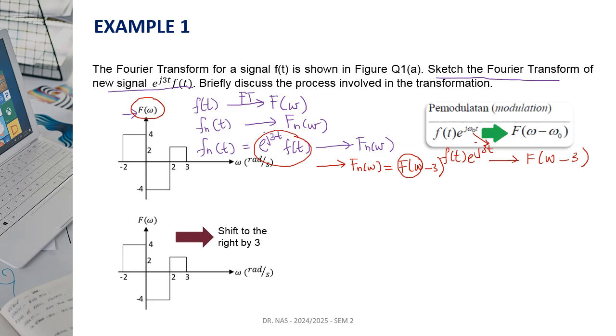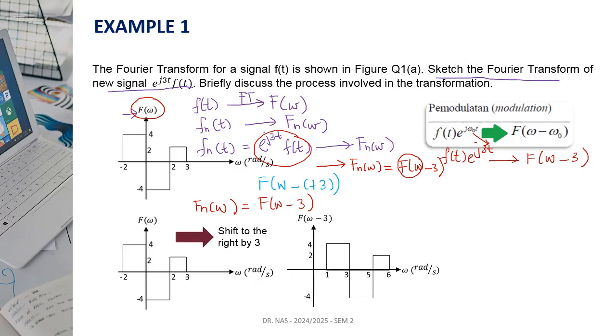So F_n(omega) equals F(omega minus positive 3), the signal shifted to the right by 3. Hence the final output looks like this.